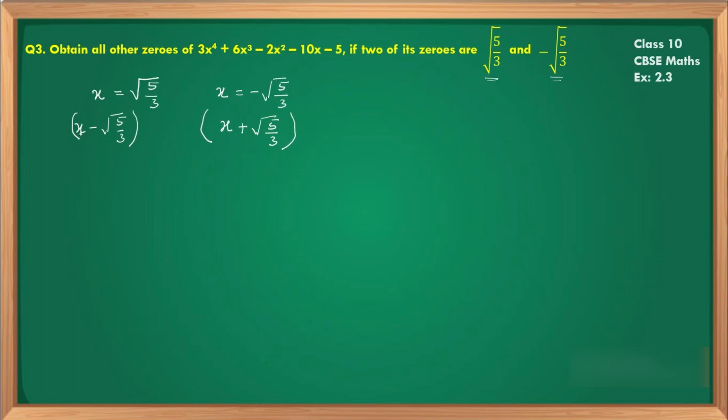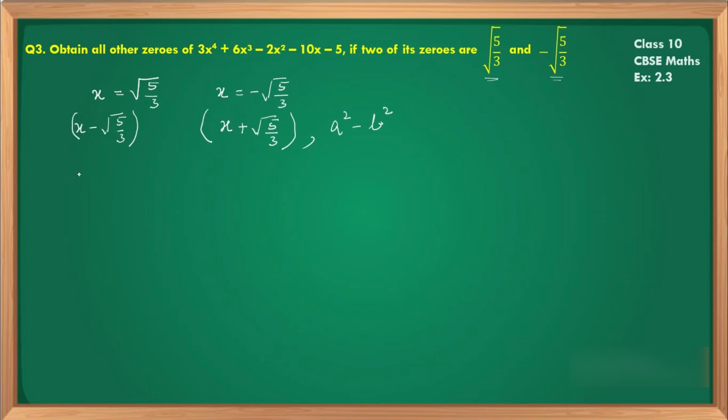This is in the form of a minus b into a plus b. This is equal to a square minus b square formula. This follows the identity a square minus b square. Now this is in a place and this is in b place.